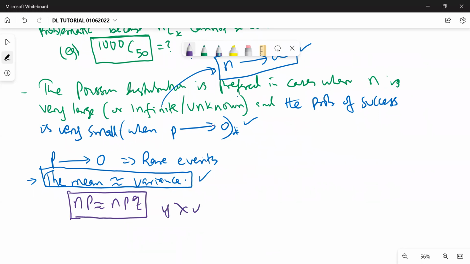Sometimes you may want to approximate a binomial scenario using the Poisson distribution.